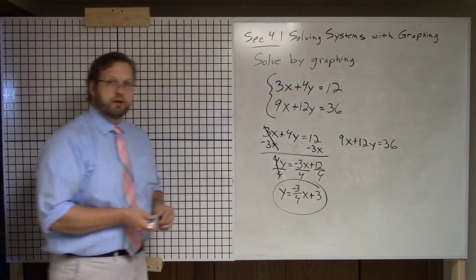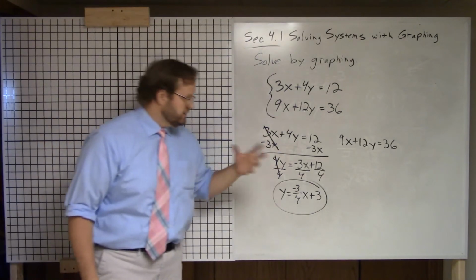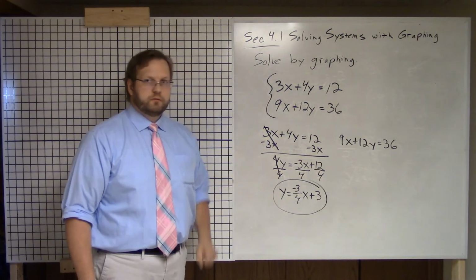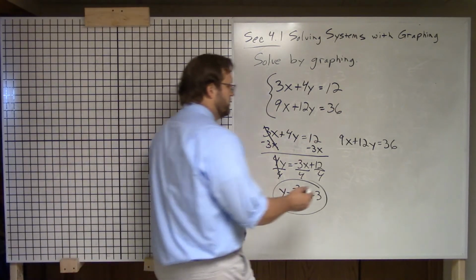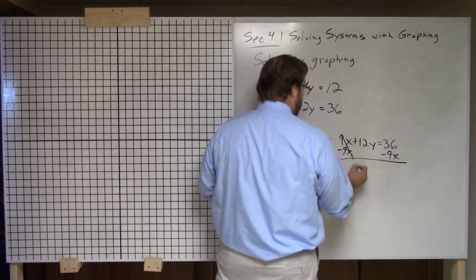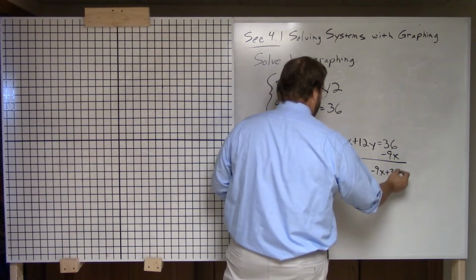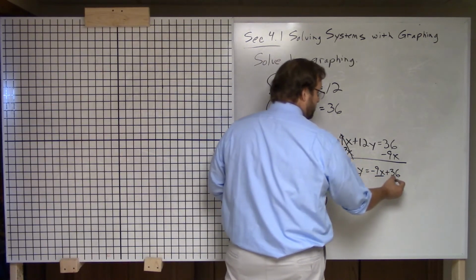That's now ready to be graphed. Again, if you want to graph it right now, you can, but I would suggest just keep the same mindset, solve that one for y. Okay? So I'm going to subtract 9x. And then divide by 12.